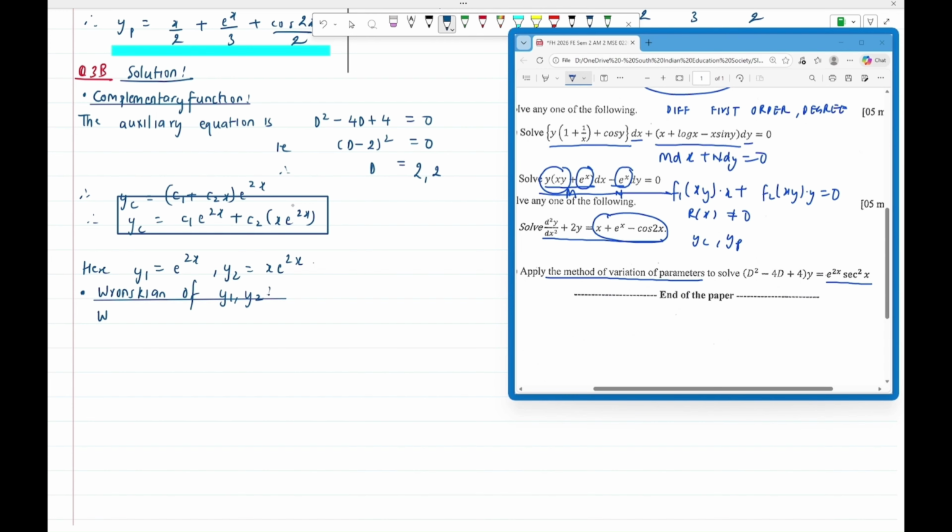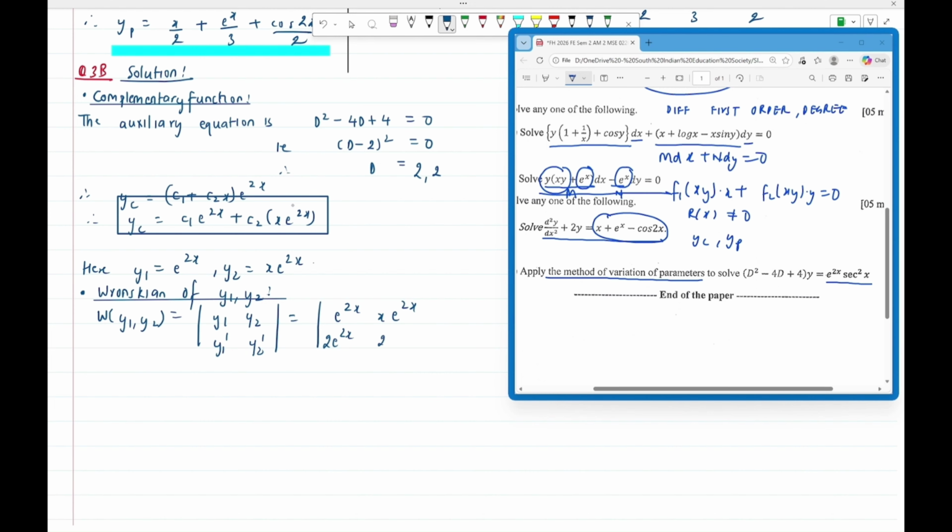So the Wronskian of y1 and y2 is given as the determinant of y1, y2, y1 dash and y2 dash. So that's e raised to 2x, x e raised to 2x, and the derivative of y1, that is e raised to 2x, is going to be 2 times e raised to 2x. And for this we need to apply the product rule or the UV rule.